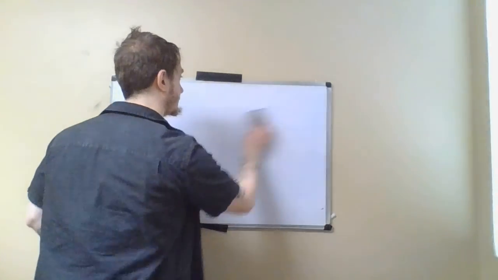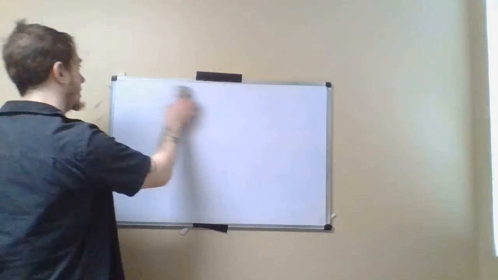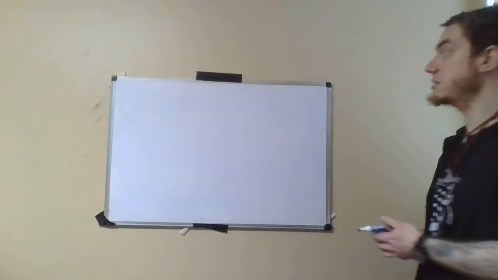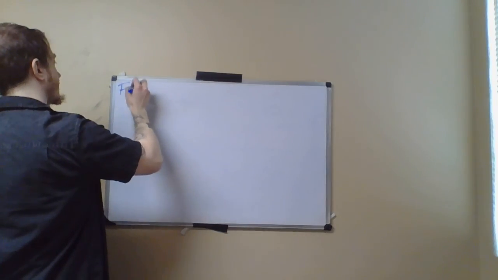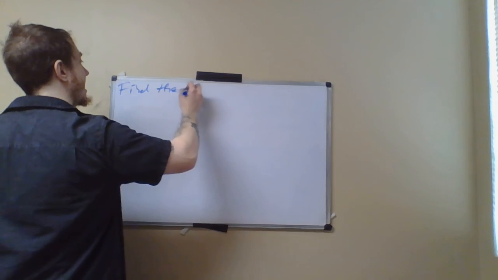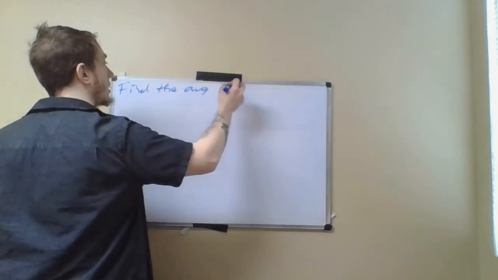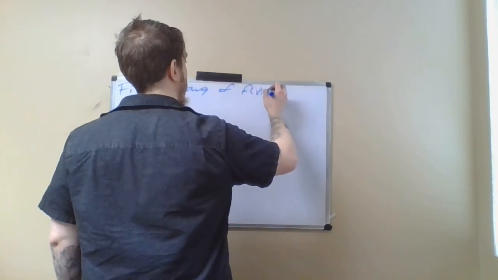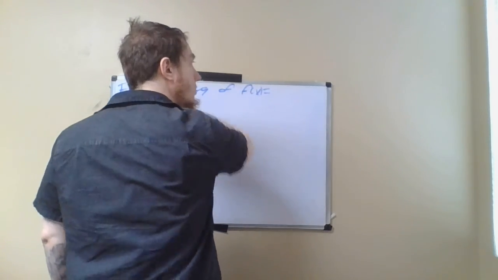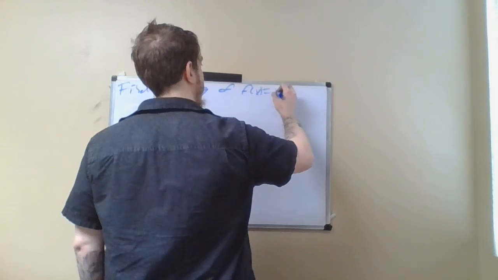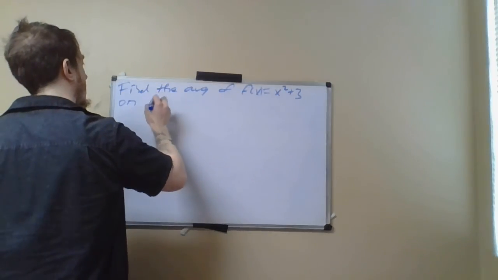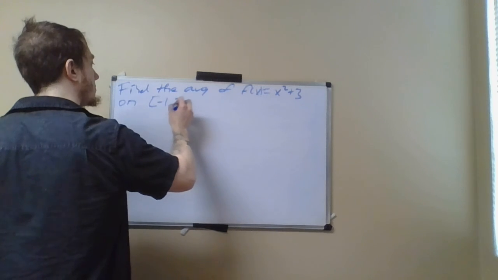So, let's think about the following problem. Let's suppose that we want to find the average of f of x equals x squared plus 3 on minus 1 up to 3.